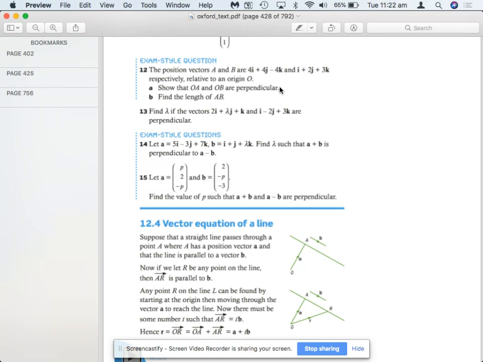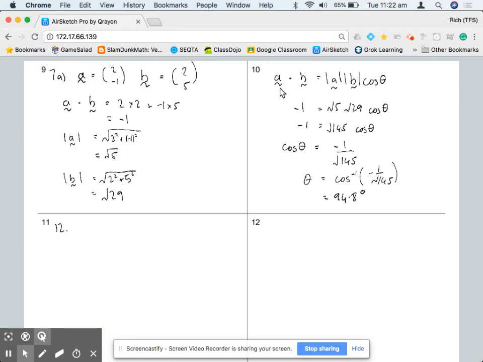Because position vectors are from an origin point, you just pick any old direction there and say this is the point 4, 4, negative 4, and then any old direction here.